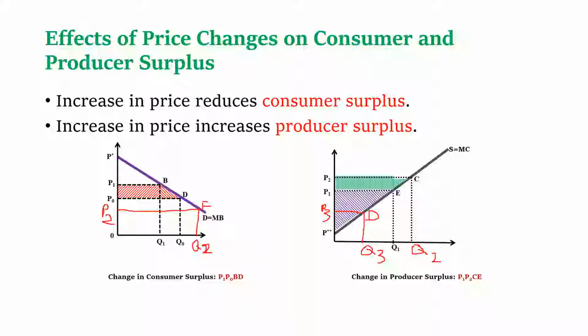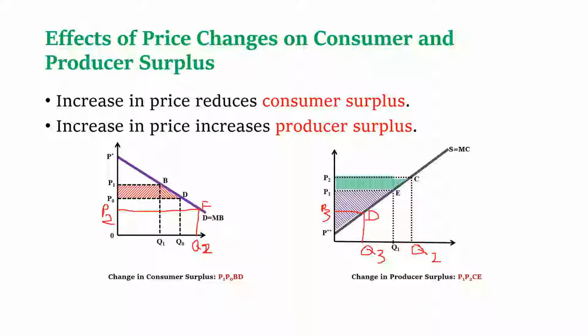So there is a welfare gain for the producer when the price increases, and there is a welfare loss for the consumer. When the price falls, then there is a welfare gain for the consumer and then welfare loss for the producer.